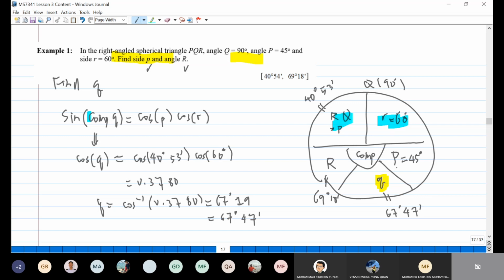Okay, so this is a quick revision of Napier's rule. This is example 1. Next, I don't want to continue because I think it's too much already for this example.